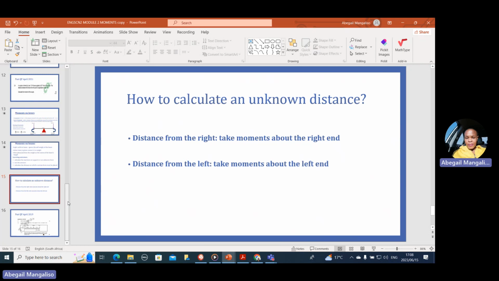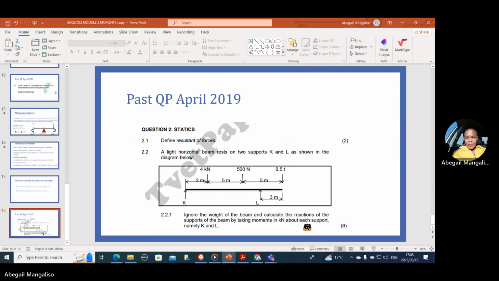Now, a moment is clockwise or anti-clockwise about a point. Let's have a look at this example, 2.2, taken from a question paper of April 2019. A light horizontal beam rests on two supports, K and L, as shown in the diagram below.